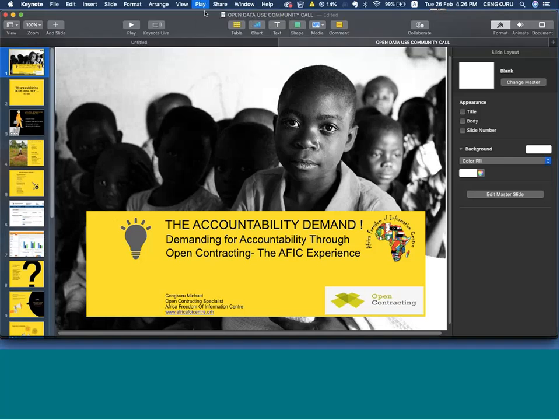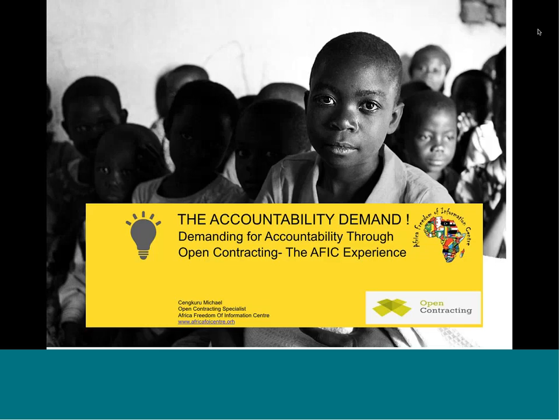Cool. All right. I'll be talking about the accountability demand and really the consequences of when things are left to go without accountability. What are the real life consequences, and how do you deal with those?